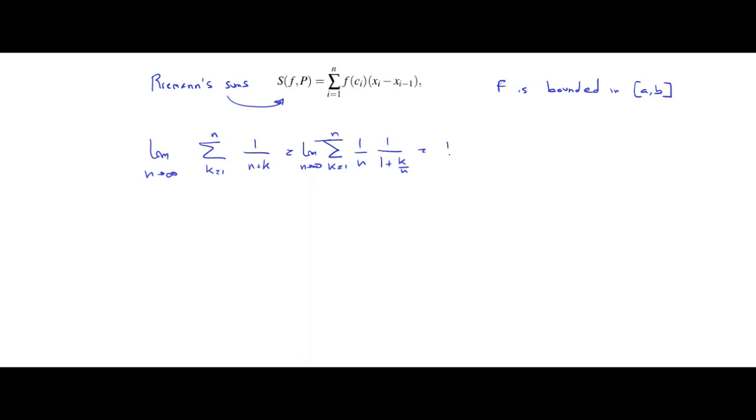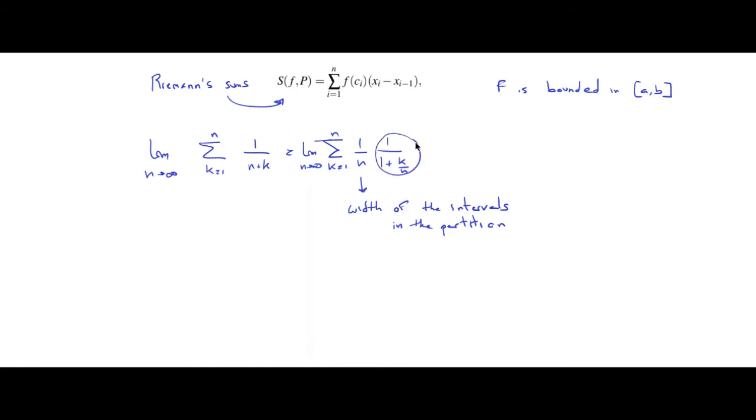So this 1 over n you can think of as the width of the intervals in the partition.